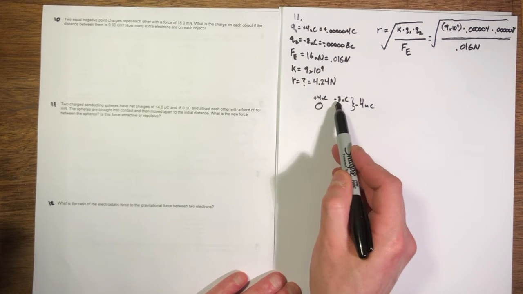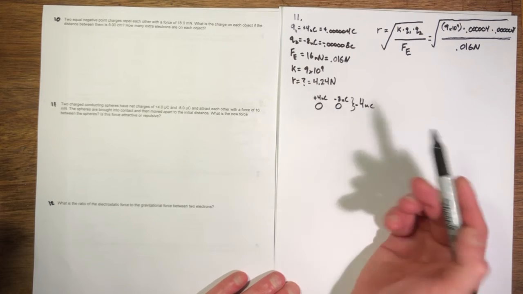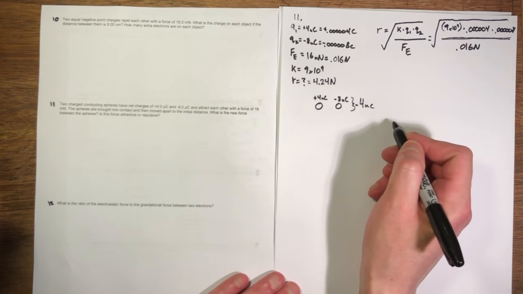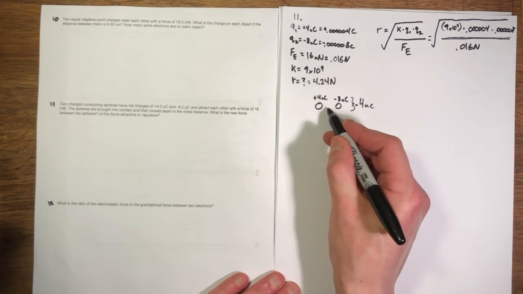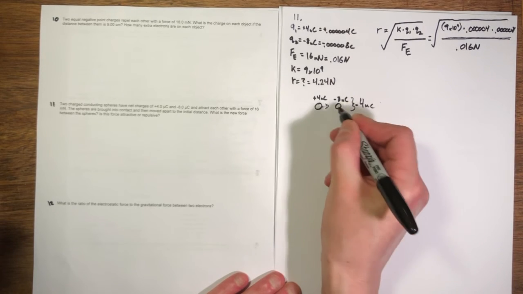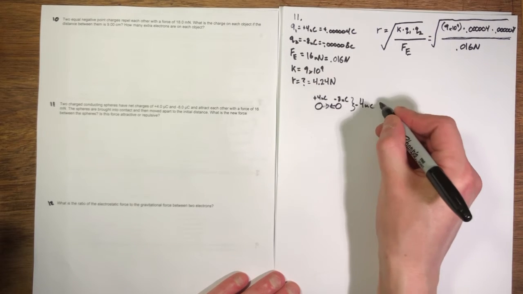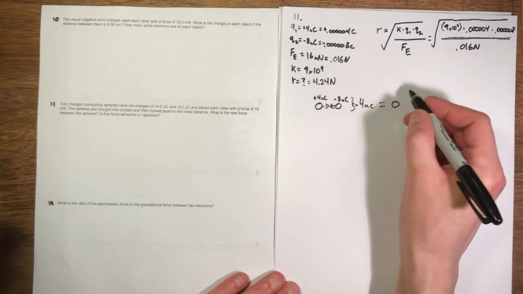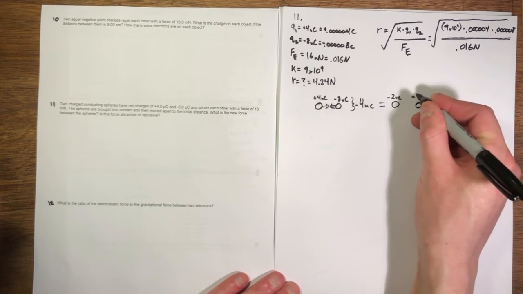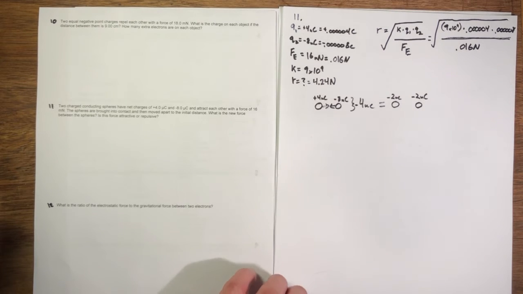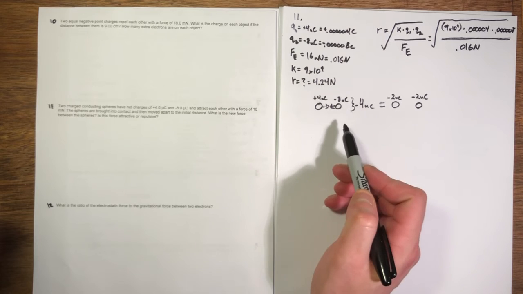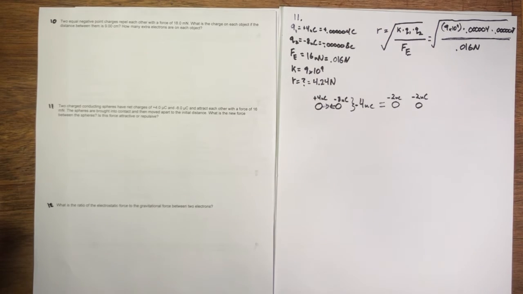Because the -4 microcoulomb here is going to cancel out the +4 microcoulomb there. So we're going to be left with a total charge, once they're in contact, of -4, but that is going to be distributed evenly among these. So after they touch, we are going to get one sphere with -2 microcoulombs, and the other sphere with -2 microcoulombs. We're left with overall -4, and then that is distributed between these two.